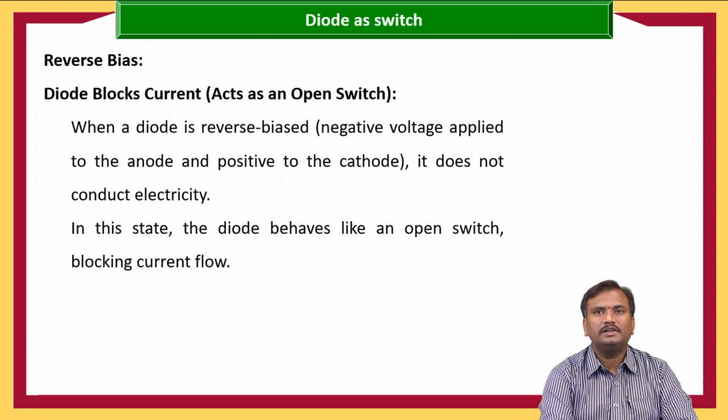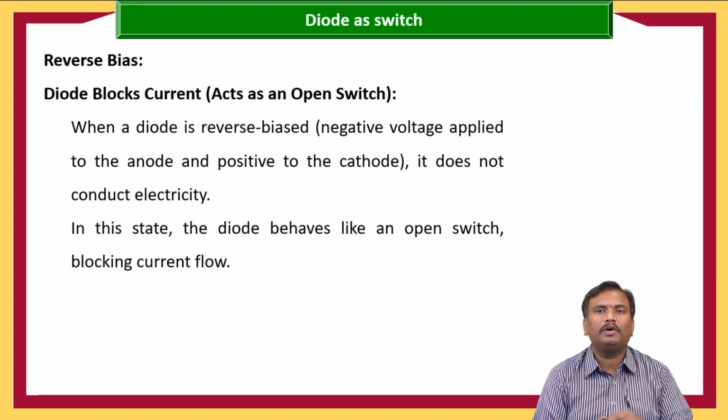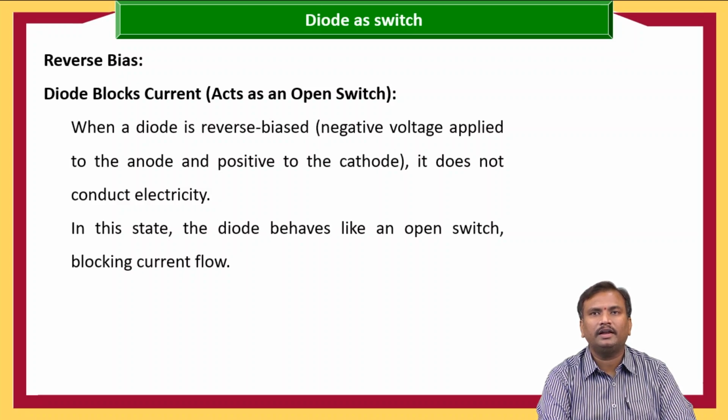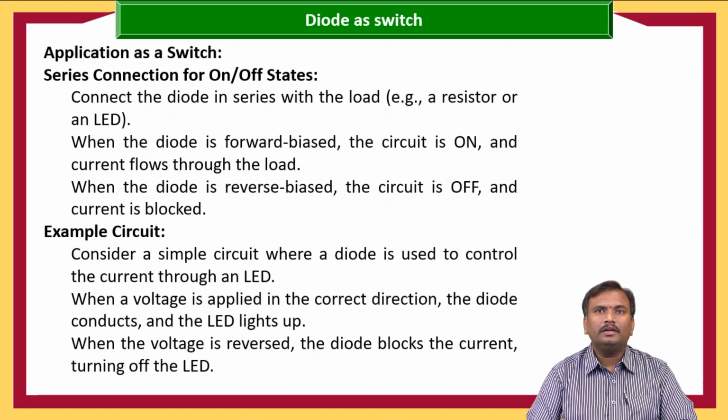And in reverse bias, the diode blocks current and acts as an open switch. When the diode is reverse biased, that is nothing but negative voltage applied to the anode and positive voltage applied to the cathode, it does not conduct electricity. In this state, the diode behaves like an open switch which is blocking the current flow. Now, the application as a switch.